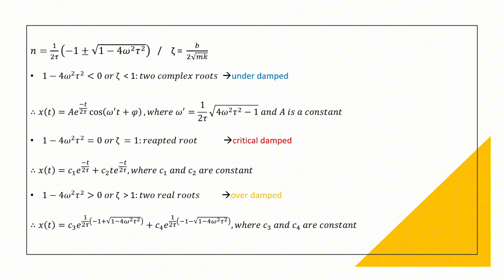When 1 minus 4 multiplied by omega to the power of 2 and tau to the power of 2 is smaller than 1, or zeta is smaller than 1, we'll get two complex roots. In this situation, it's underdamped. When the result is equal to 1, or zeta is equal to 1, we'll get repeated roots, and it's critical damped.